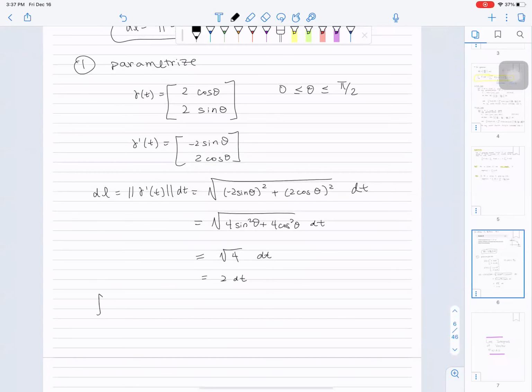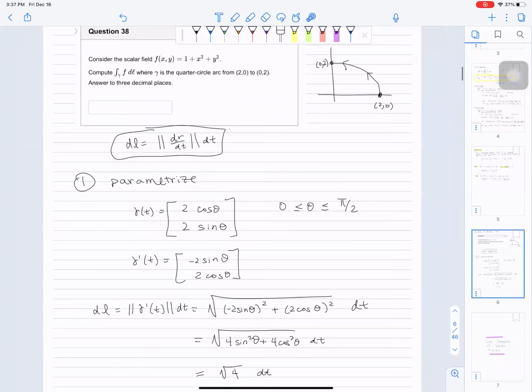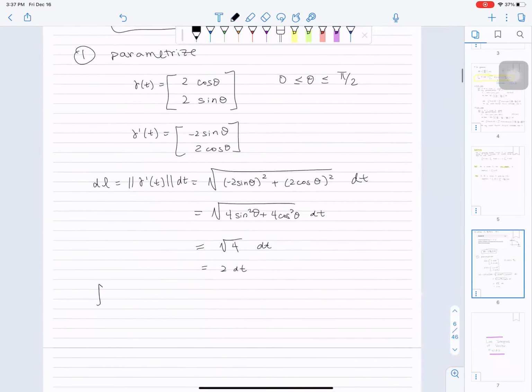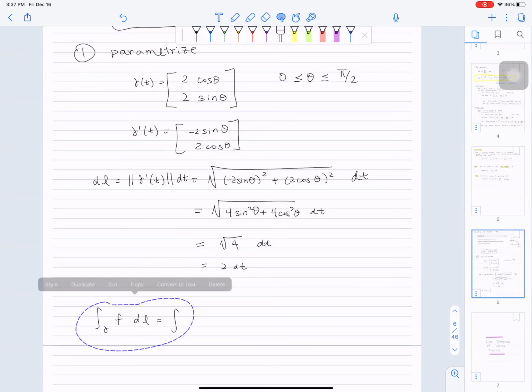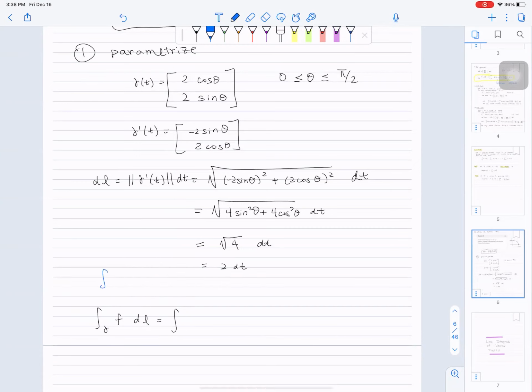Now, what am I doing? According to my question, I'm trying to find the integral of f dl over my curve, gamma. What does that equal? Let me write the general formula.